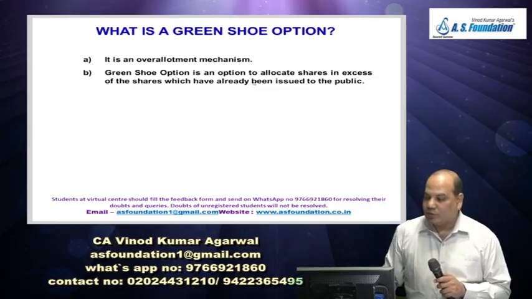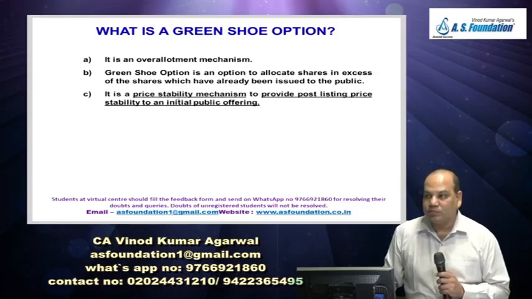Green shoe option is an option to allocate shares in excess of the shares which have already been issued to the public. What is the objective of green shoe option?